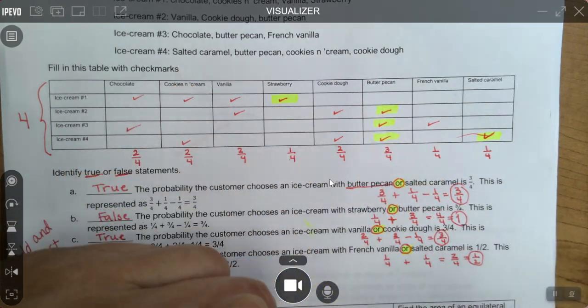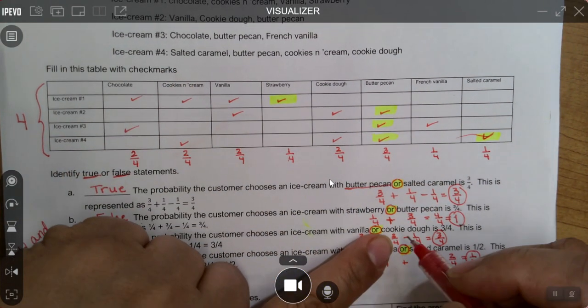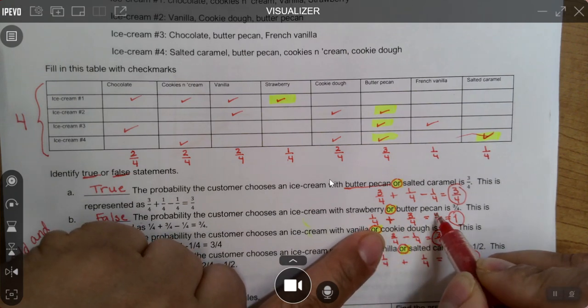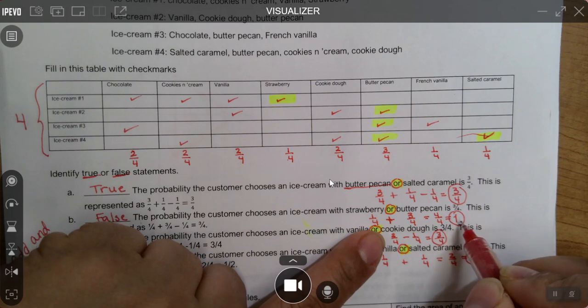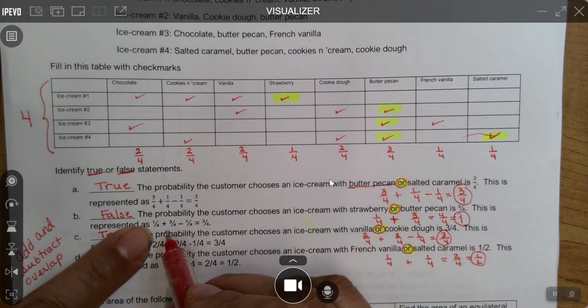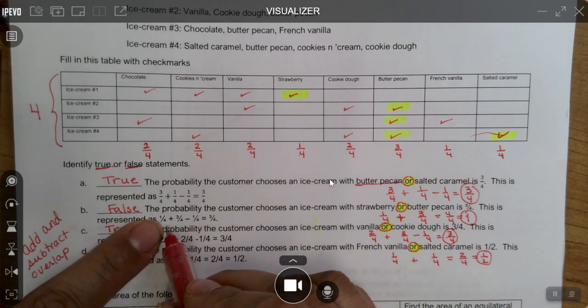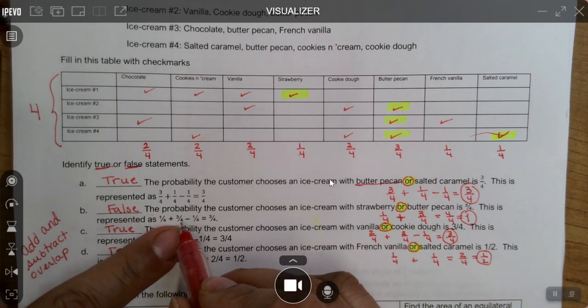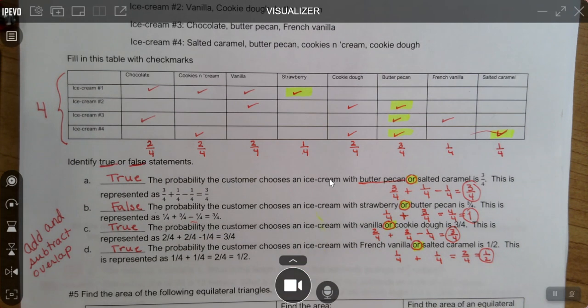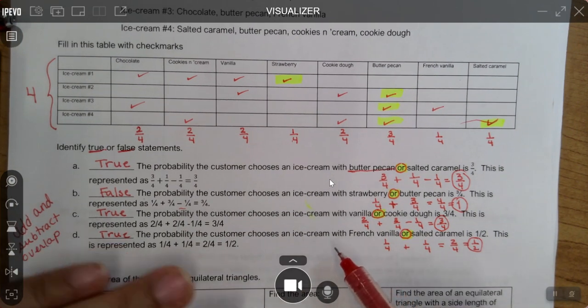There's only 1 for each ice cream. So that is why we are just going to do 1/4 plus 3/4, which is 4/4, which is equal to 1. Now, they're saying that it can be represented by this. But you can see they have the 1/4, they have the plus 3/4, but then they have a minus 1/4. And that makes this a false statement. Okay, because they're doing it wrong.